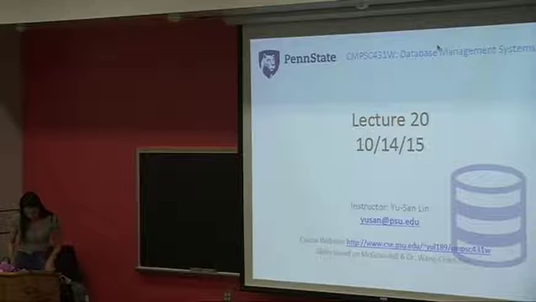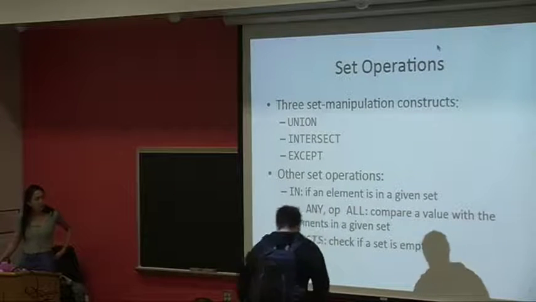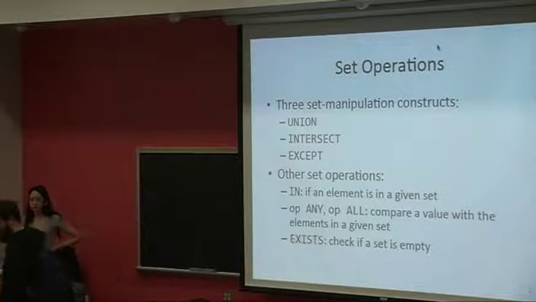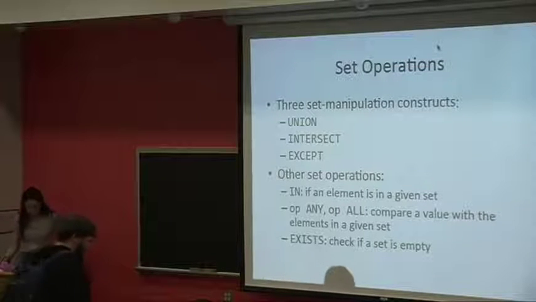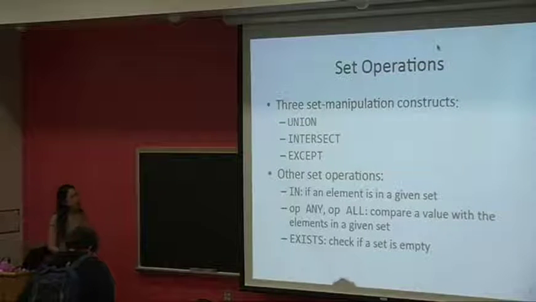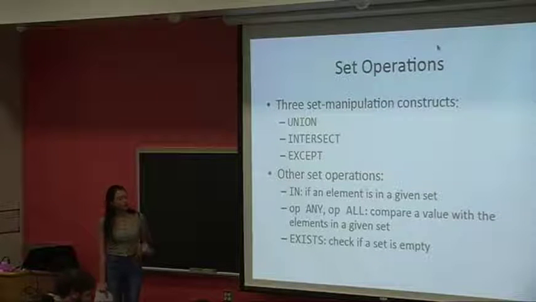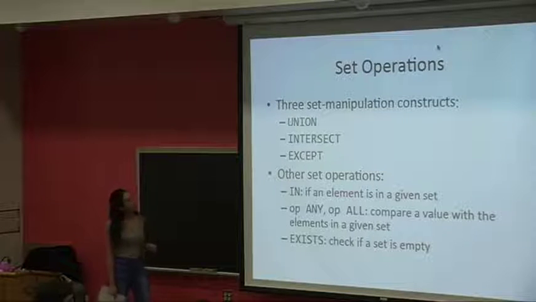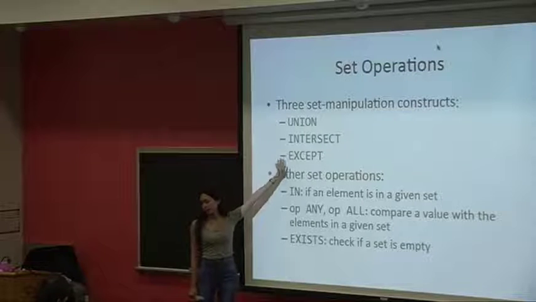Alright, so let's talk about what we will learn today. Last time we learned some really basic SQL commands for querying information. Today we will go a bit further and talk about set manipulation. If you study the textbook, you'll see it talks about union, intersect, and except.